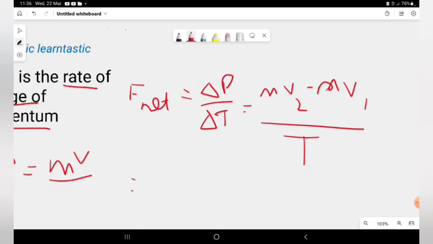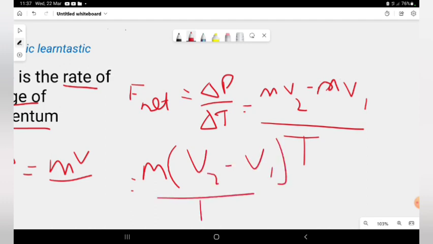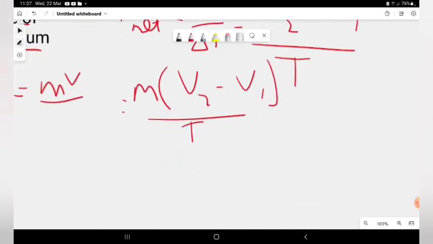So assuming the mass to be constant, mass into v2 minus v1 the whole upon t. Yes, because we can take m common from factorization.